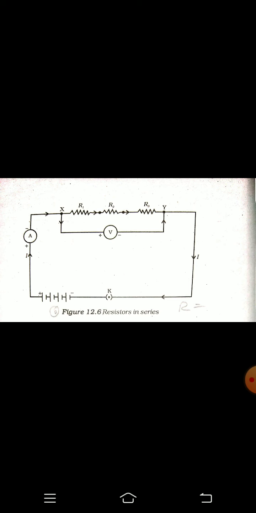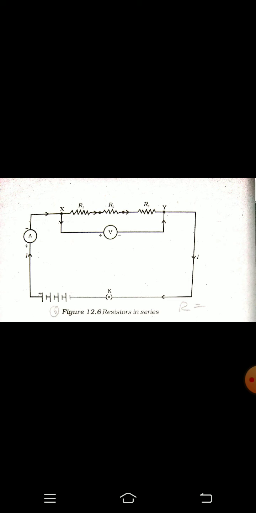First, we have to note the ammeter reading. Then, what do we have to do? We have to change the position of the ammeter anywhere in between the resistors. This means from the place where we first kept the ammeter, we have to remove it, and join it anywhere in between the resistors. For example, we can join it between R1 and R2, or between R2 and R3.